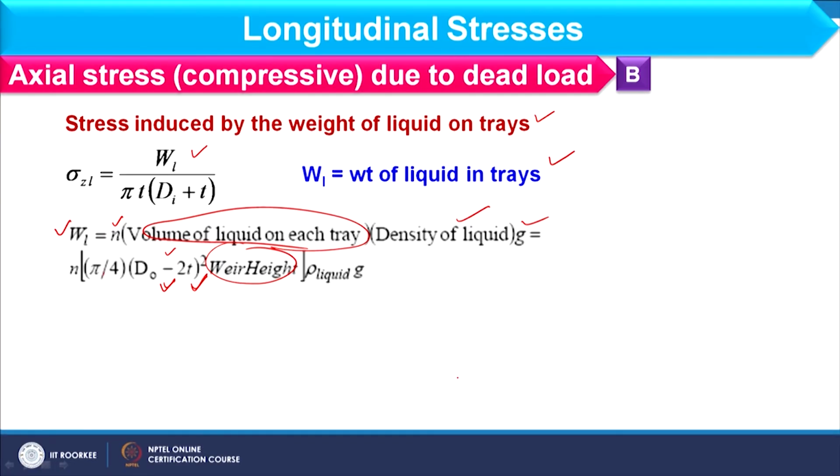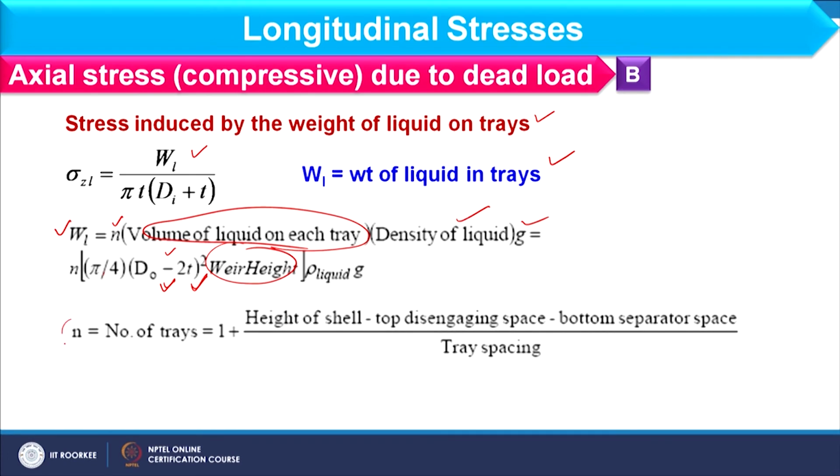Okay. So, next is how we can find out number of trays. So, that will be 1 plus height of the shell, okay, and how I can find 1 plus height of the shell minus top disengaging space minus bottom separator space, because there are some extra space which we consider at bottom and top of the column, either it is distillation or absorption, but here we are considering for distillation.